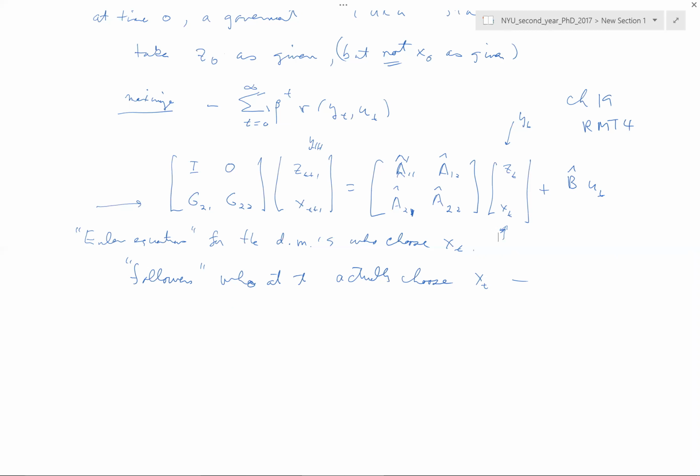So now I'm going to assume that this matrix is invertible. That will often be satisfied. If it's not, we can modify what we're doing quite easily to make the rest of the argument flow.